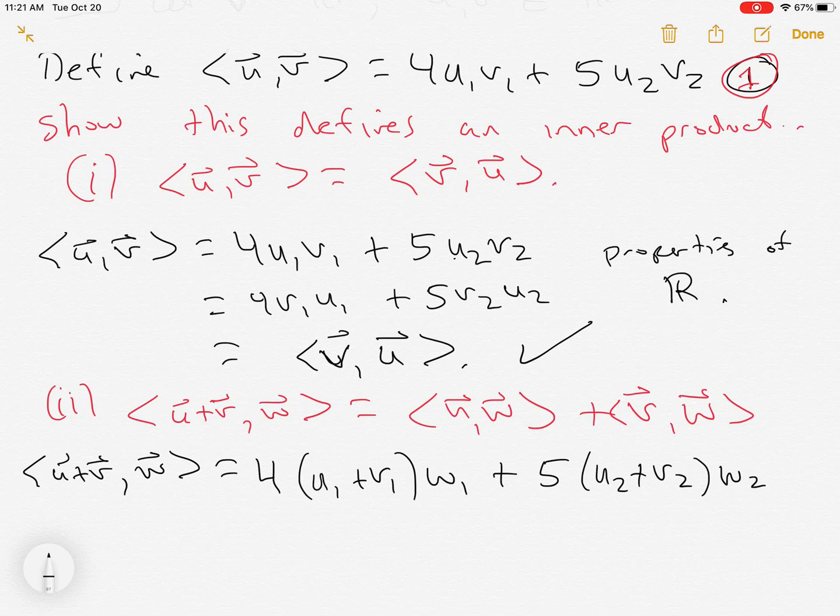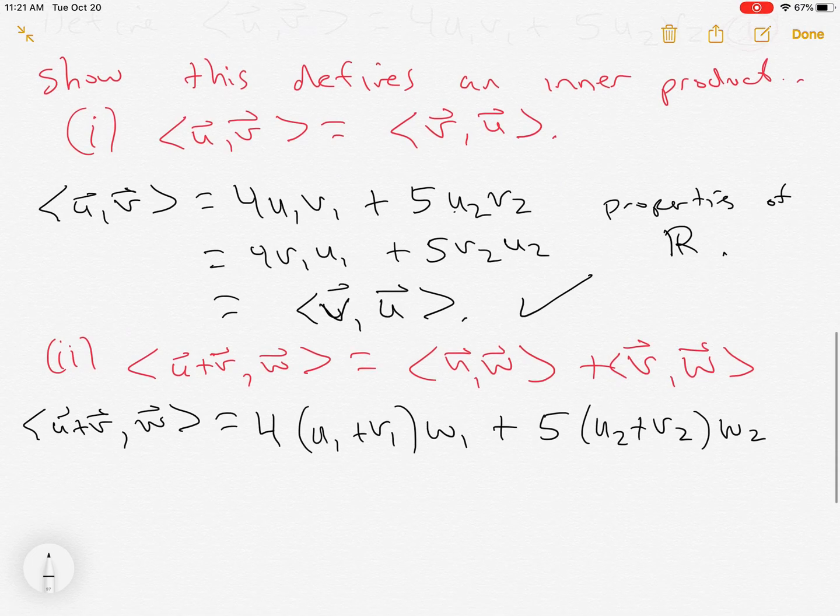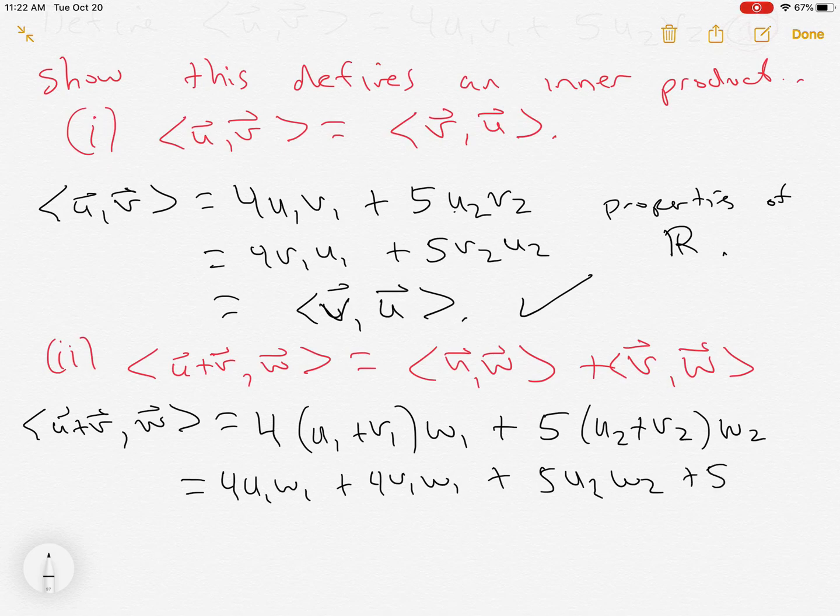Now we're working in the real numbers, so you can do anything you want. This becomes 4 u1 w1 plus 4 v1 w1 plus 5 u2 w2 plus 5 v2 w2.